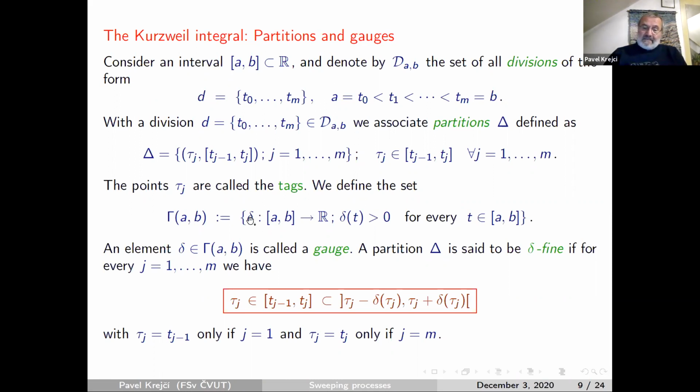Any function which is positive everywhere can serve as a gauge. And now we say that the partition is delta-fine if the whole interval [t_{j-1}, t_j] is contained in the open interval (tau j minus delta of tau j, tau j plus delta of tau j), with some specifications.